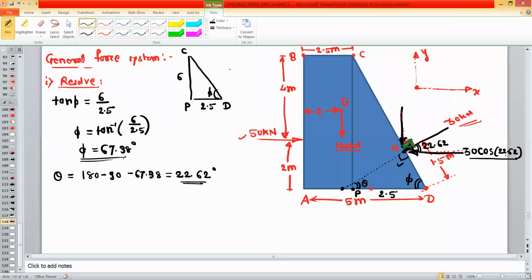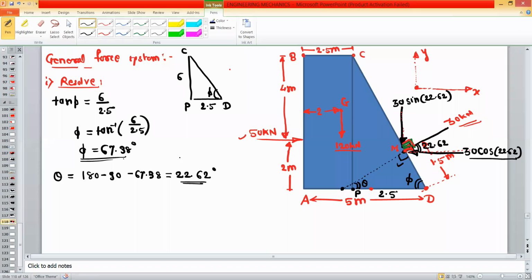So this is the x component. Now y component, it is the opposite component to this angle 22.62. So this value will be 30 sine 22.62. Okay. So now we have resolved the 30 kilonewton into X component and the Y component.